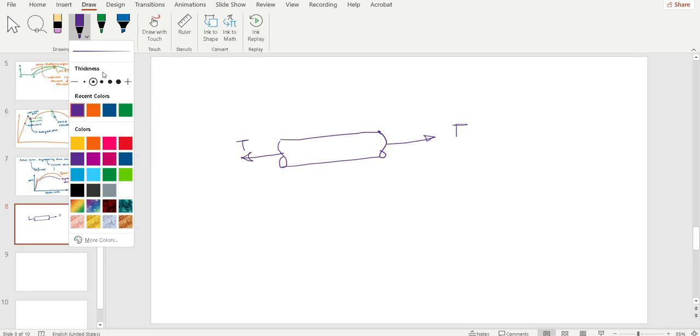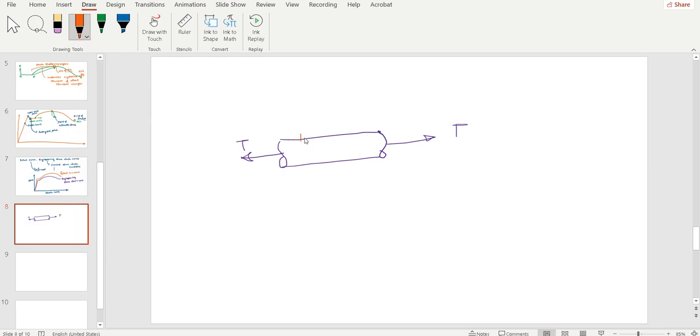At time t equal to 0, the area is the original area, so the stress is P by A0.